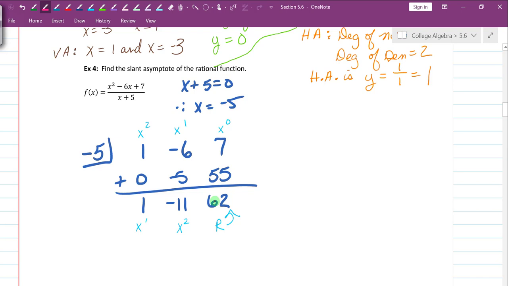We don't use the remainder. So the equation for the oblique asymptote is just going to be x minus 11. Okay, and that's going to be it. Do not use the remainder.